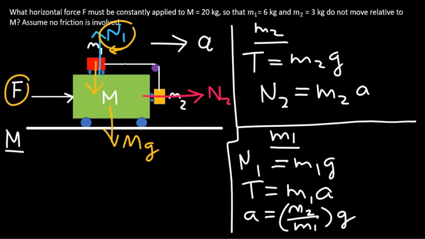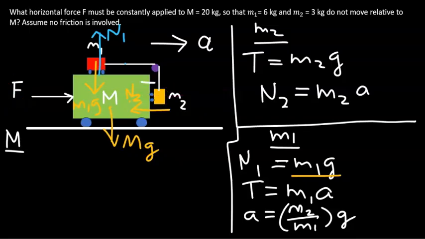And we know N1 equals M1G, so let's label that as M1G. And the fourth force is the force with which M2 is pressing on M. We know M presses against M2 with a normal force of N2, so the same force should also act like that on capital M. So let's use the same symbol N2.